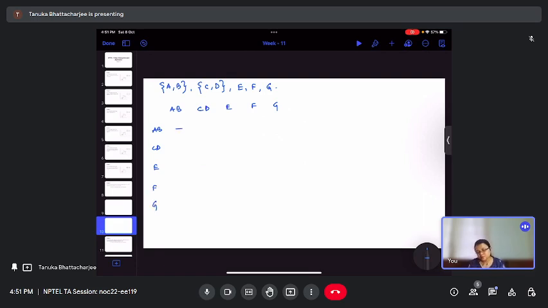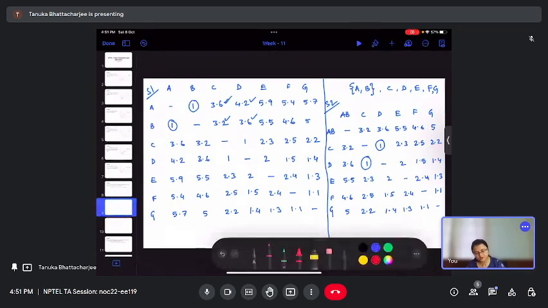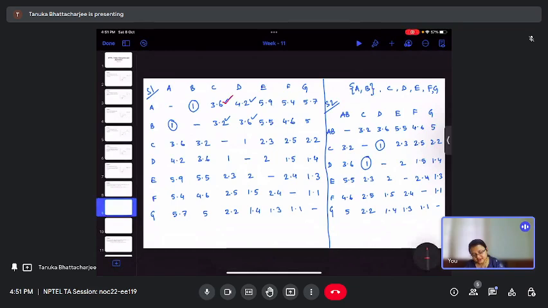Now you have to compute the distance between cluster AB and cluster CD. So you will have to compute AC, AD, BC, BD, all the 4 distances, and take the minimum of these 4, which is 3.2 in this case.